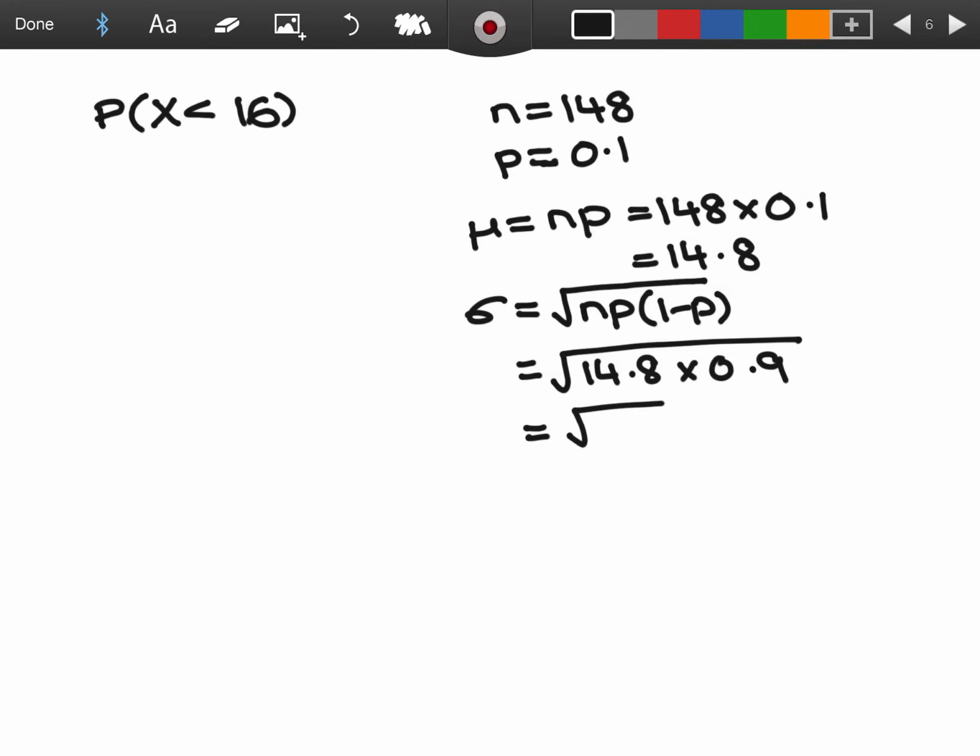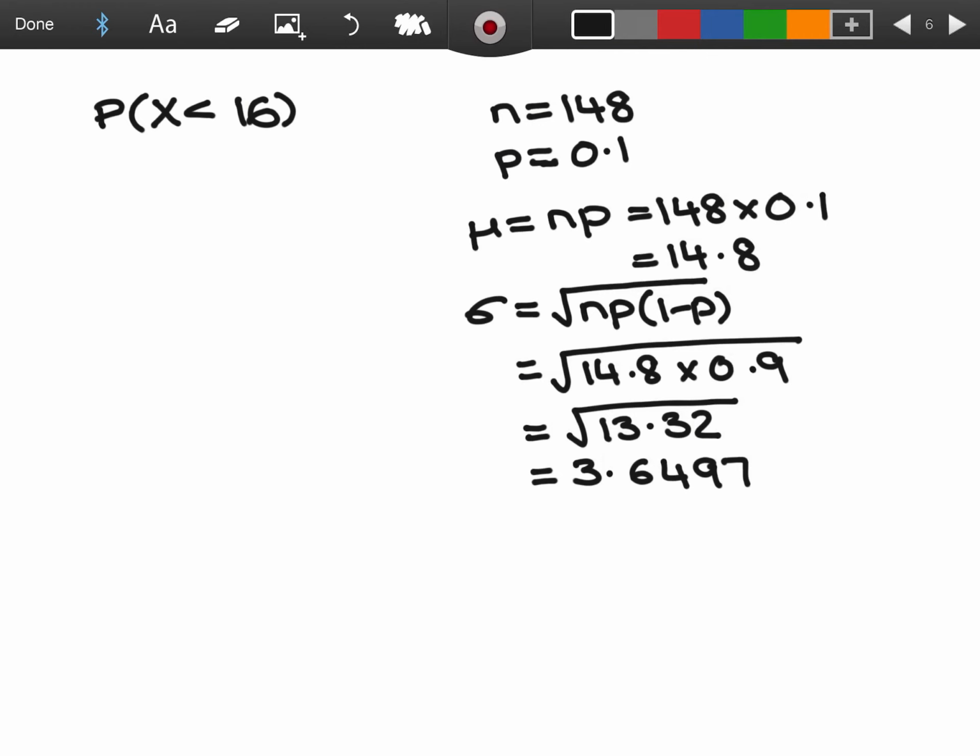So that comes out to the square root of 13.32. If we figure out the square root of 13.32, to about 4 decimal places, we get 3.6497. Okay, so we have a mean and we have a standard deviation.